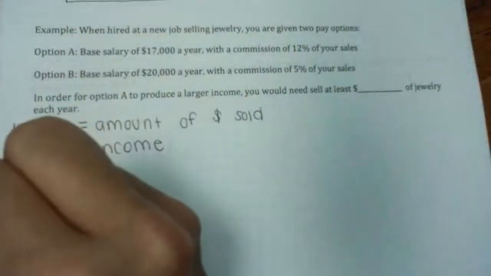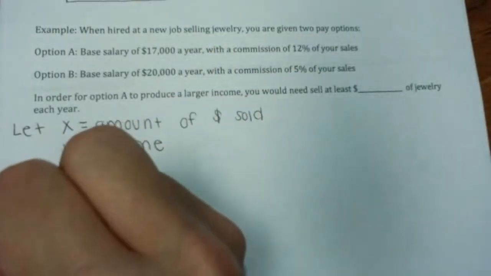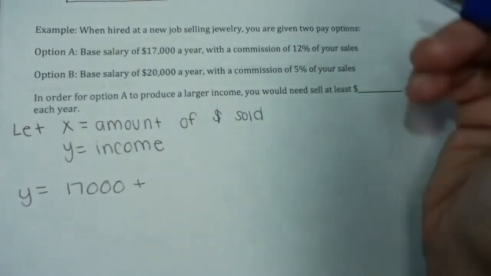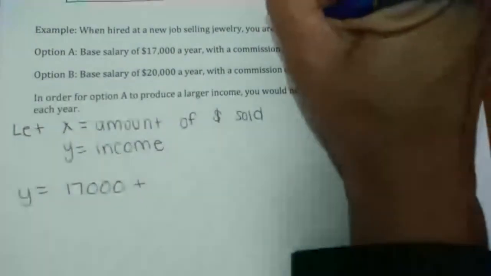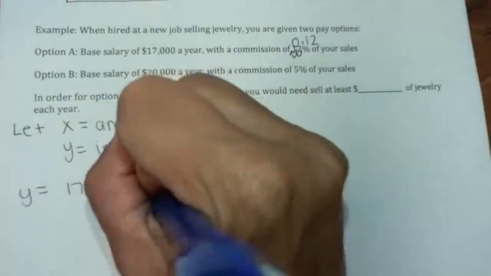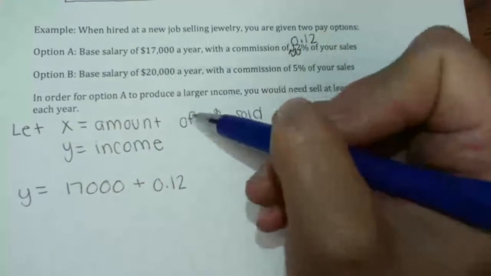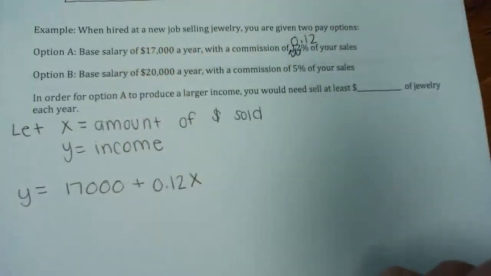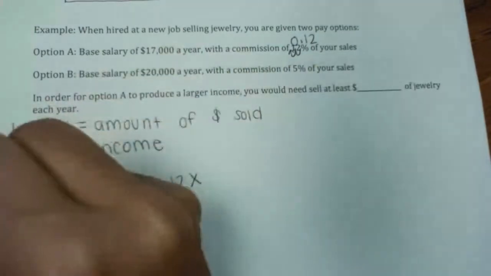So for option A, our total income, so our Y, is going to be a base salary of $17,000. So $17,000 no matter what, plus a commission of 12%. So let's put this in decimal form. Moving our decimal 2 places to the left will give us 0.12. So 0.12 of the amount of your sales, so of your X. So times X. So that's option A. Option B, your salary.